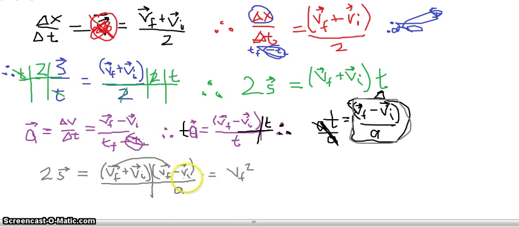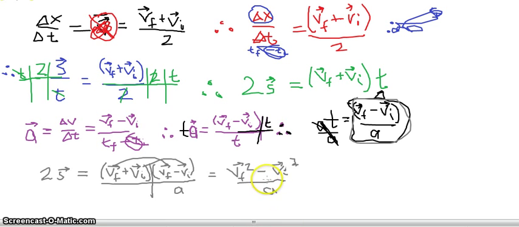Basically, when you have two exact same things, and you got a plus and a minus, I'm sure you already know this, you don't have any center term. They cancel each other out. So we're just going to have the two last ones. So you're going to have minus velocity initial squared. That's a square. Okay, all that's over acceleration.